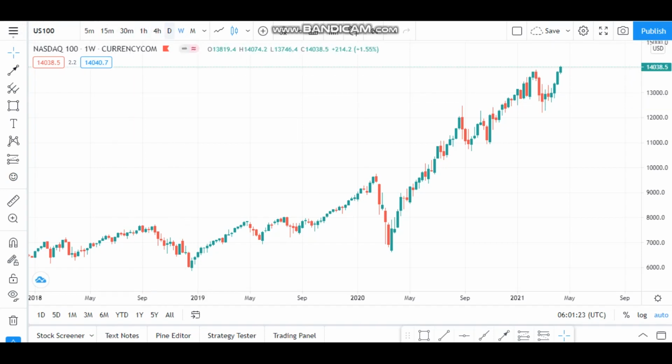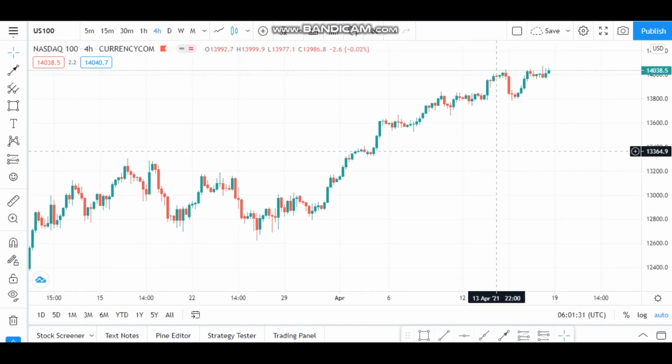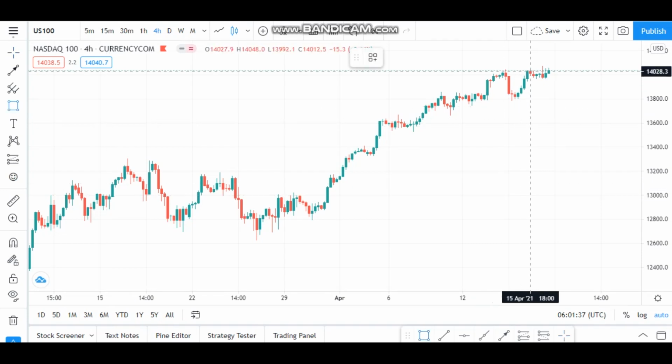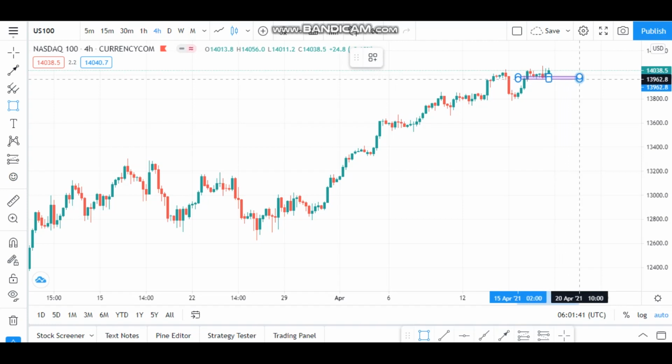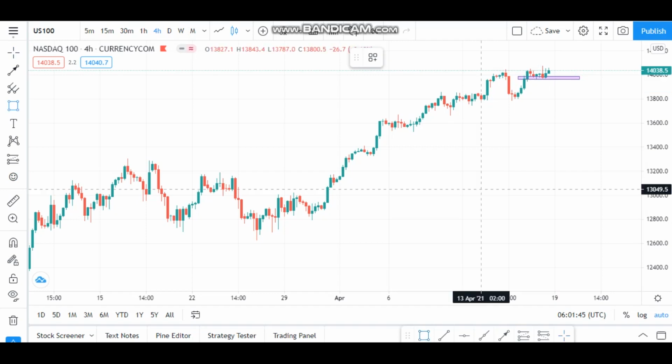So let's dive into lower time frames to see what the market really has for us. Yeah, here I was anticipating that the market, since there's a strong support, will break to give us a huge high, maybe around the zone, but the market just stopped there yesterday night.